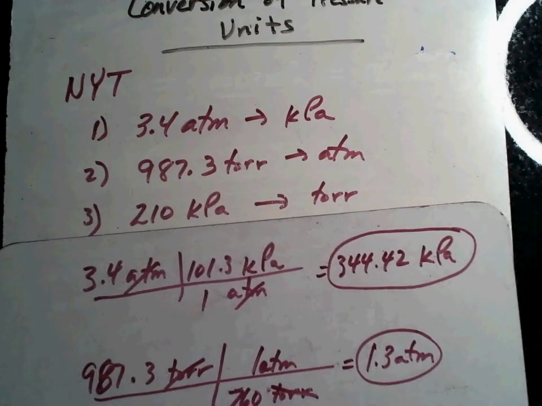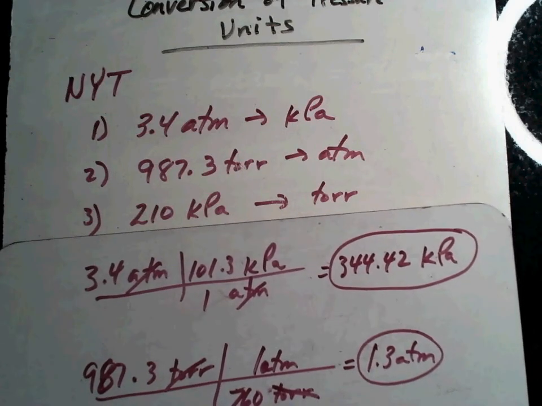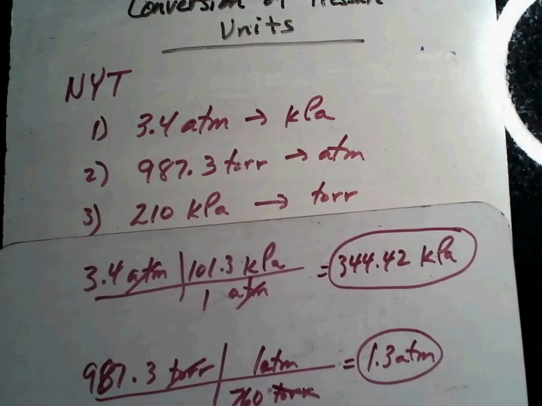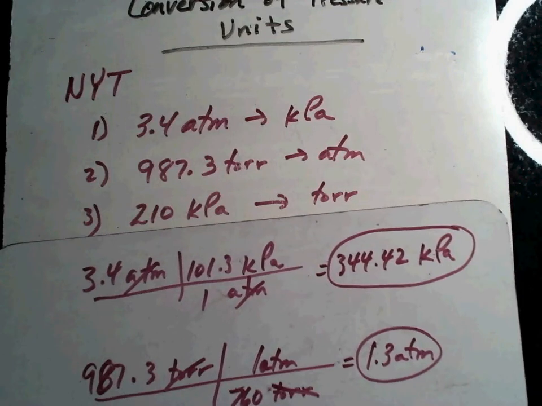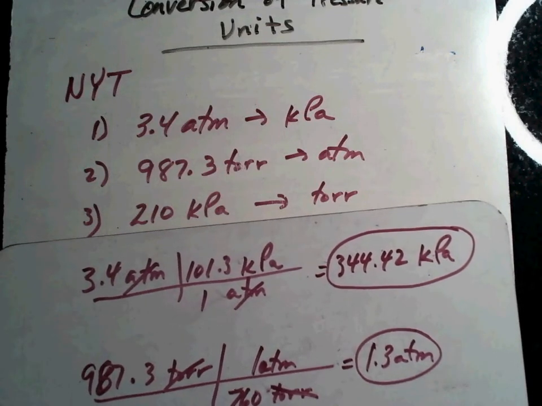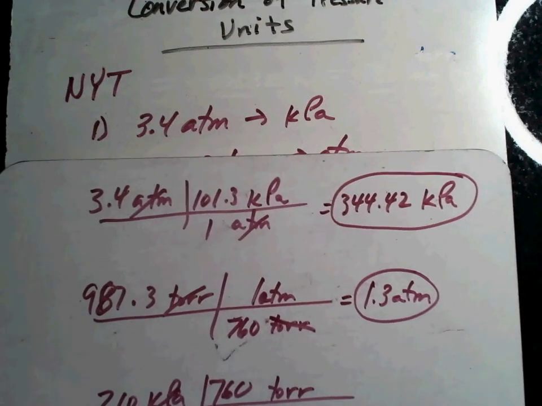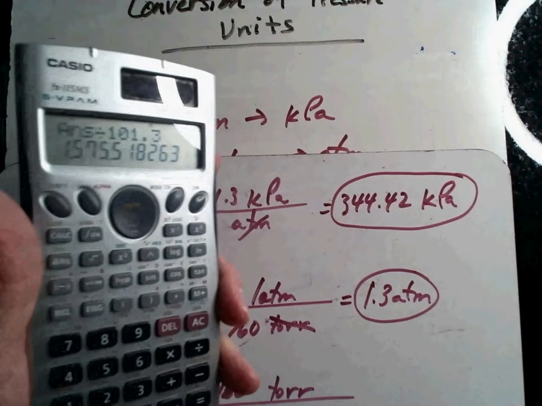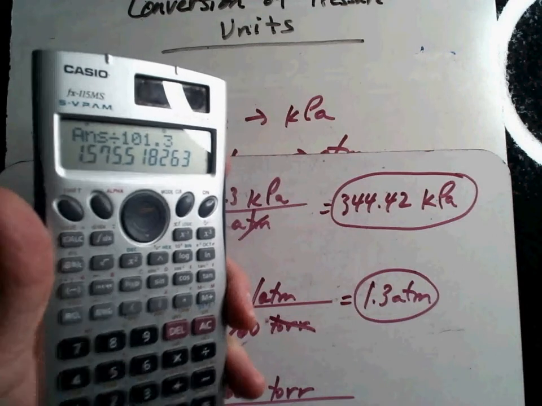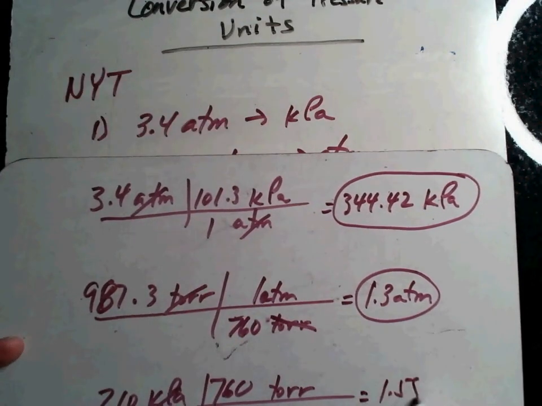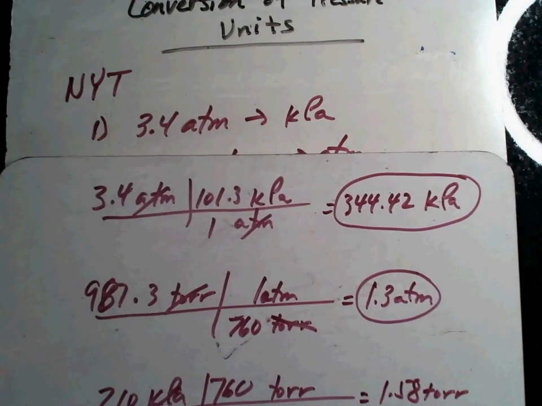Question number 3. 210 kPa to torr. kPa goes there, torr goes there. So 760, I know that number, and 101.3. So I'm going to multiply, then divide. 210 times 760 divided by 101.3 is 1.58 torr.